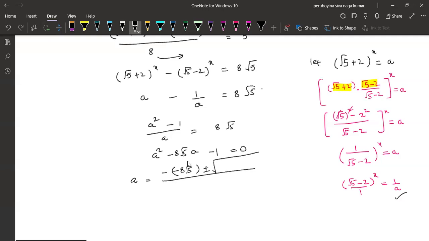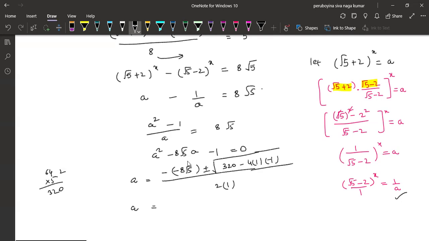64 5s are how much? 5 4s are 20, 5 6s are 30, so 320. So b square is 320 minus 4ac, where 4 into a into c is minus 1. I'm solving this quadratic equation by 2a, and 2a means 2 into 1.